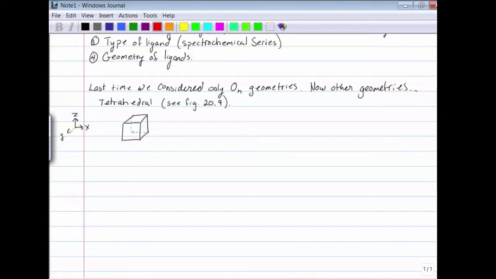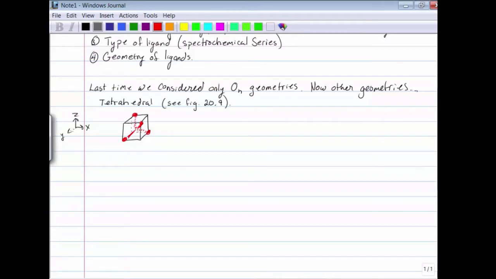So if my metal is in the center of this cube, the tetrahedron ligands are pointing to opposite corners on the top face and opposite corners on the bottom face, like so. And so you could represent this as the ones in the back 2 corners are going back, and the ones on the front 2 corners are coming out. So that's how I'm going to define my axes for this tetrahedron.